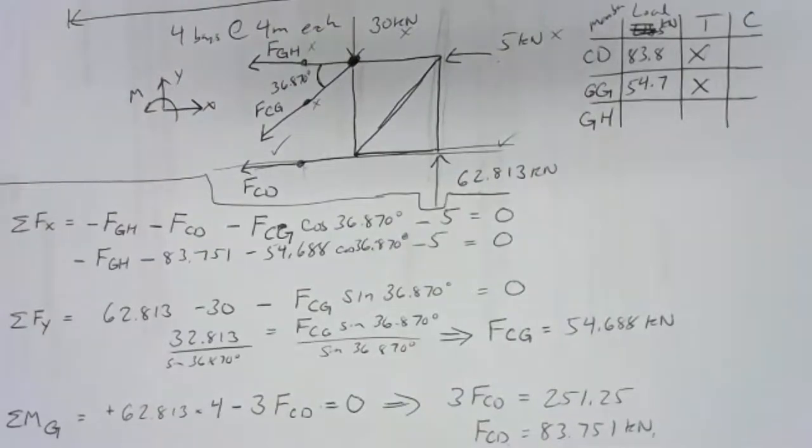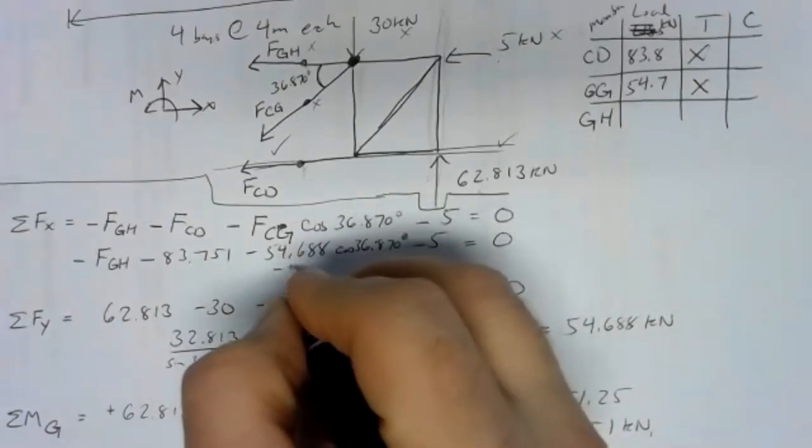So if we crunch down all the numbers, we've got negative 83.751. We've got negative 54.688 cosine of 36.870. So that's negative 43.750.